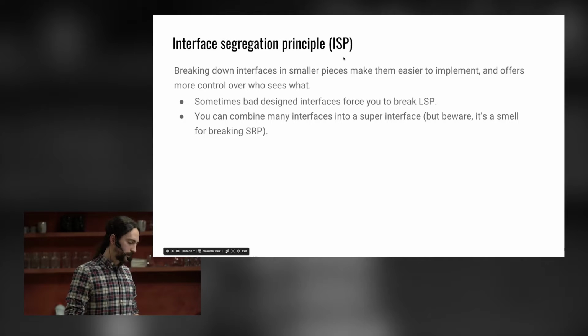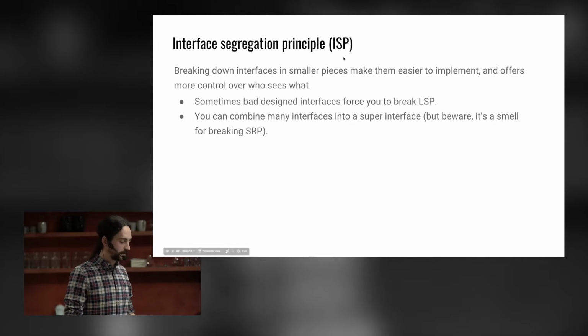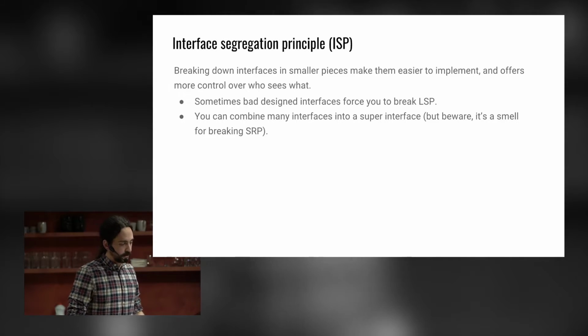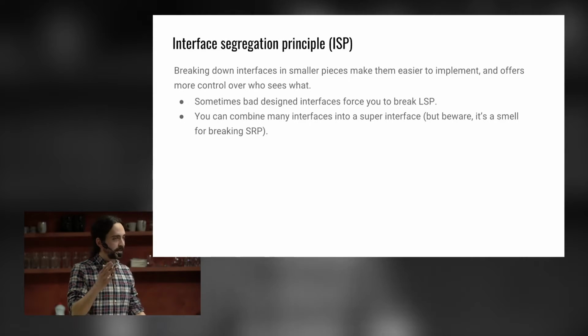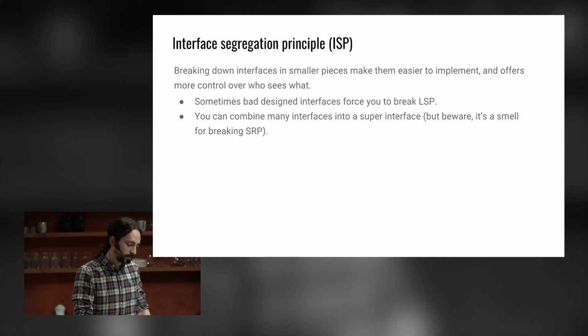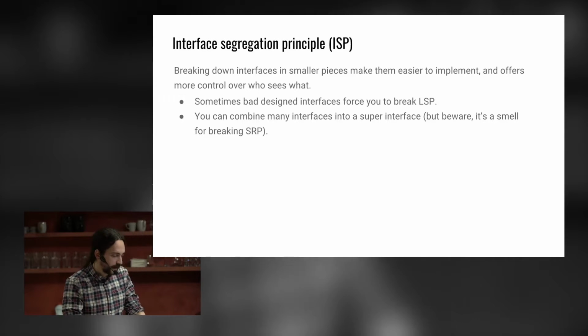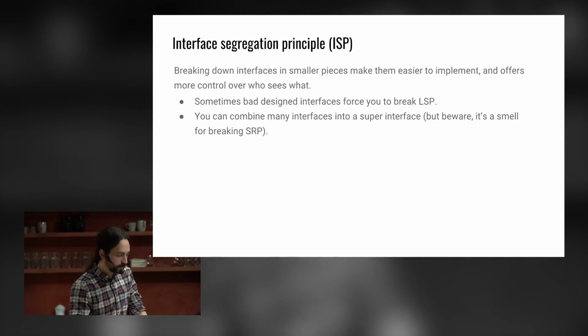Sometimes we are forced to deal with badly designed interfaces. For example, in the case of Android, when we are using some listener classes, and we are only using some part of that listener class, the listener method. And if you have many small interfaces, you can still combine them into a more generic one by extending those.